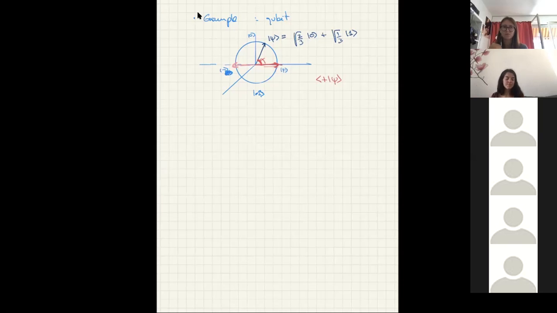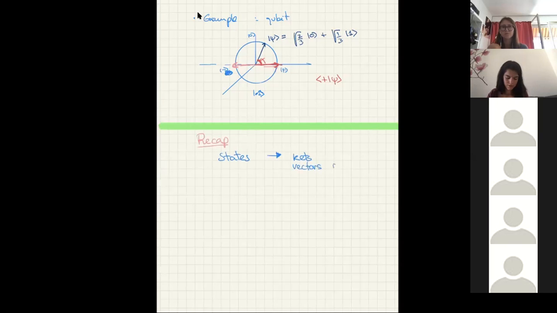So let's just recap everything we did today. The states, of which I have not given many physical examples, they correspond to kets, which is the same as vectors in a Hilbert space. And we saw the discrete case.